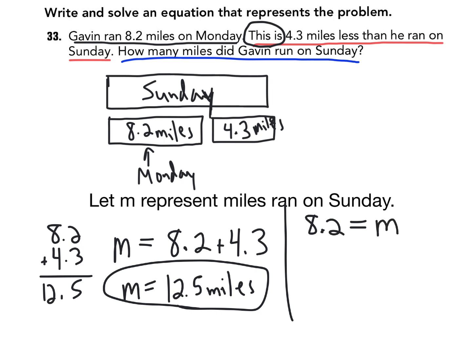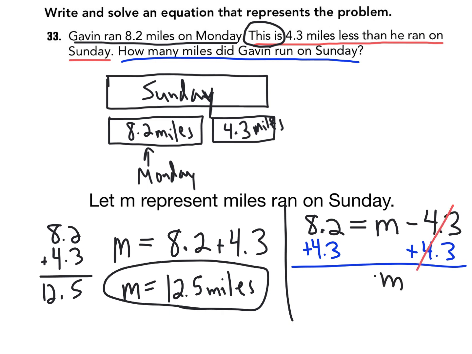We're using M. 4.3 miles less than that, so it would be M minus 4.3. And then if you set up the equation that way, they're subtracting, so you need to add 4.3 to both sides. And then when you work that out, that would give you the same answer.